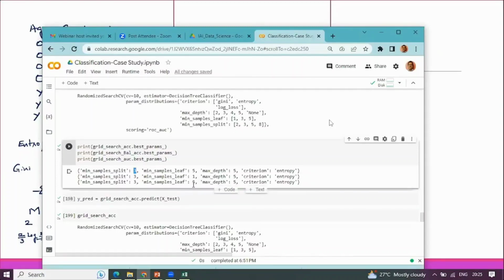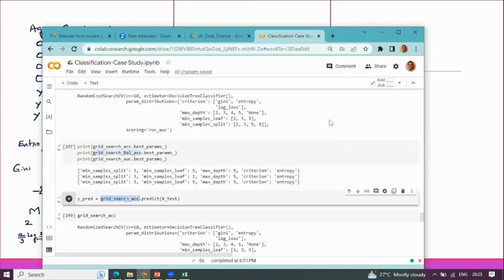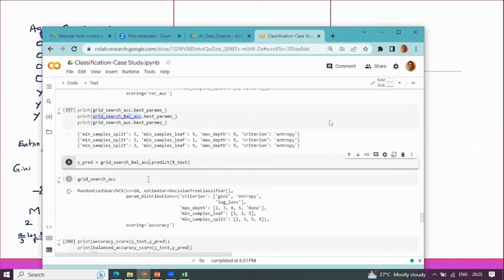I think all of them have given more or less similar results. The only thing is that when going with balanced accuracy, there is a slight difference: the minimum samples in the leaf is 1.